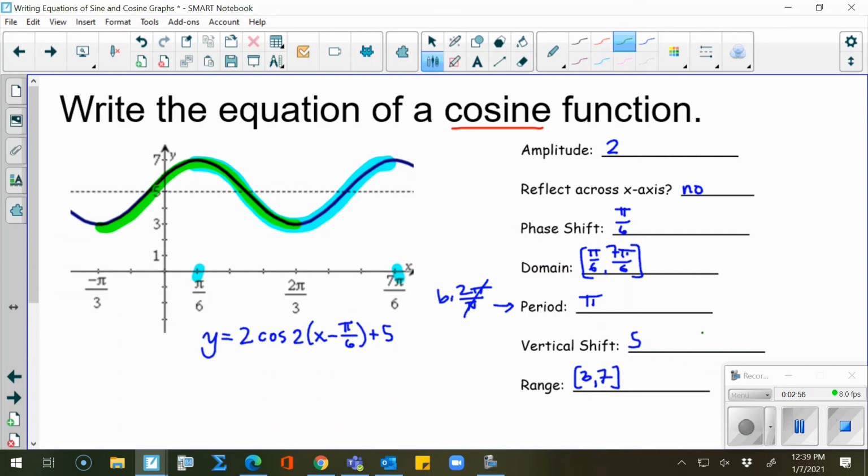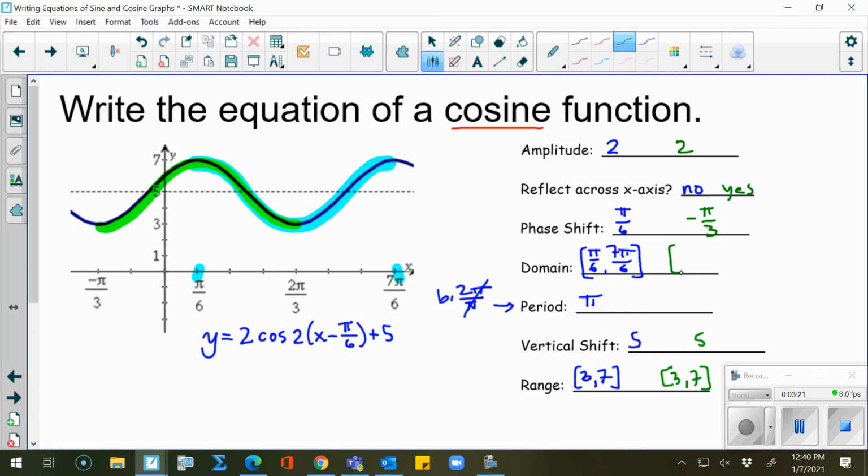The vertical shift is the same. The range is the same. The amplitude is the same. This one is reflected and has a phase shift to the left.